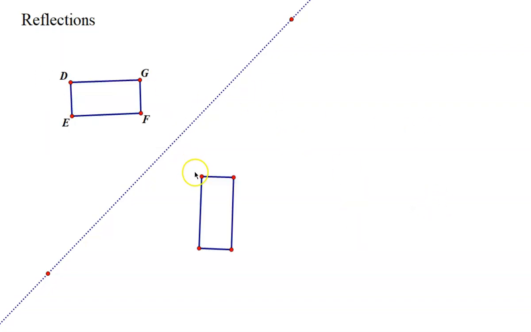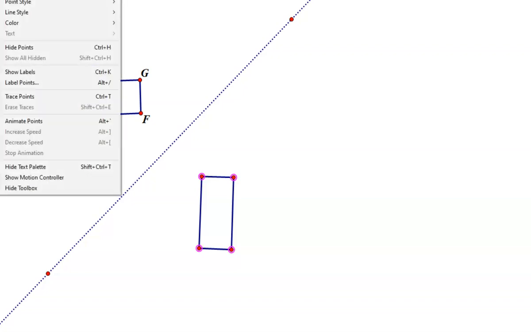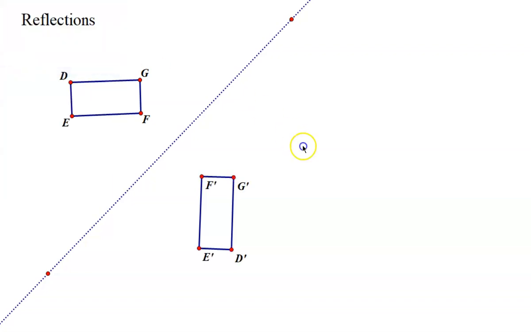Okay, and what I want you to see is that one of the things that changes when you are doing a reflection is something called the orientation. The orientation of a figure is basically like saying which way it's pointing.